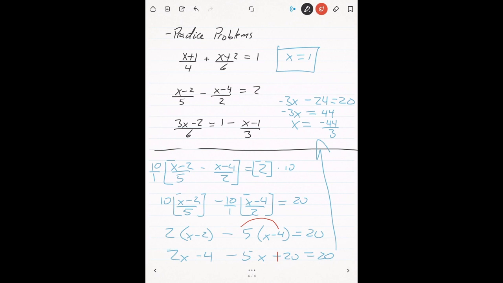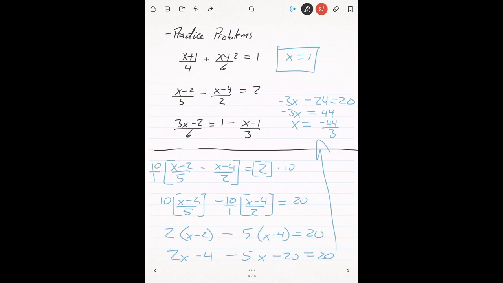Remember, when we went over the distributive property, you have to make sure that you distribute the sign along with it, okay? One of the reasons I like this method of moving the denominators out is that you see much more clearly that you have a number with a negative on the outside of the parentheses.